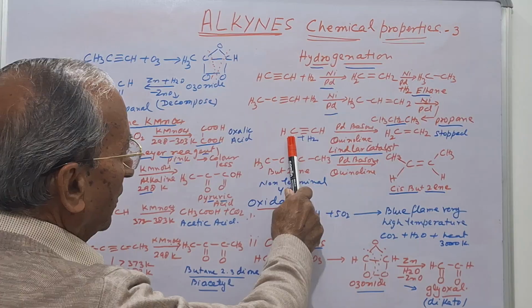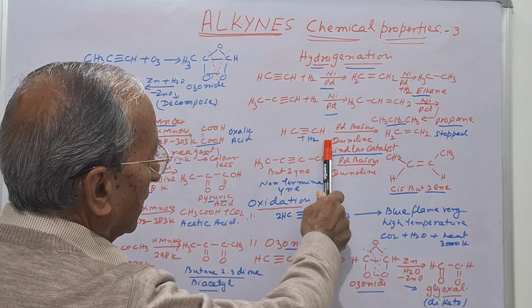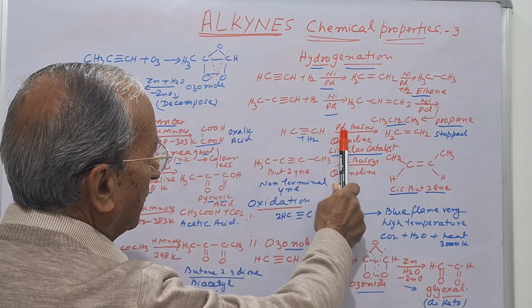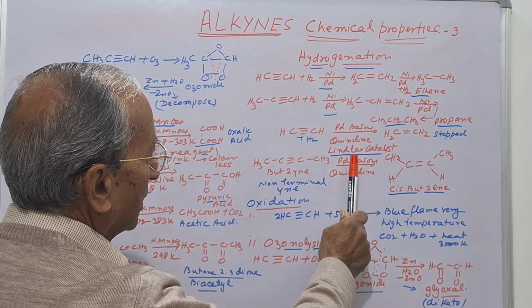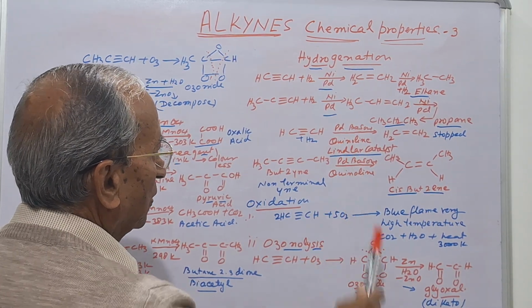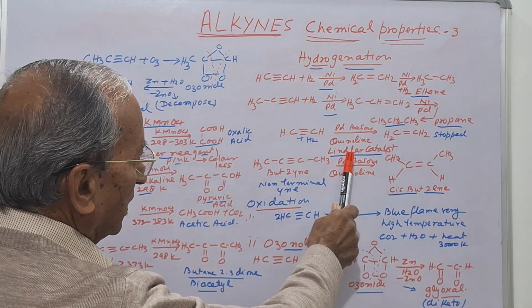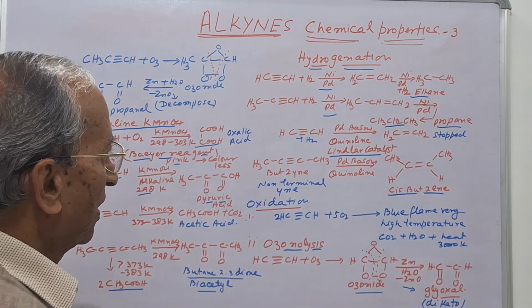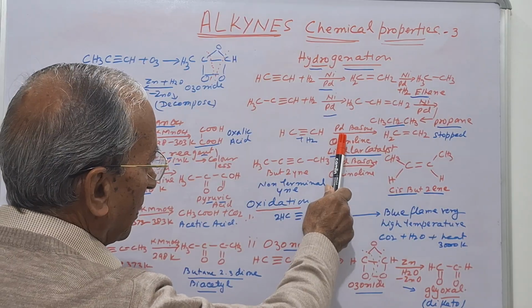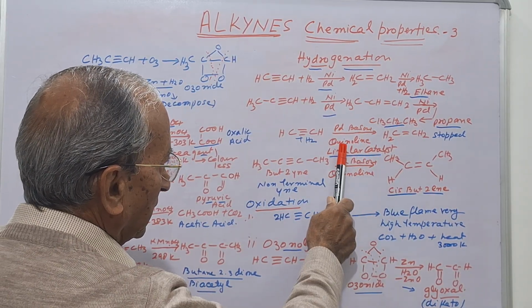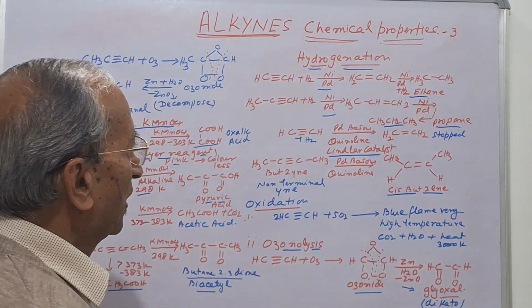Listen, when ethyne reacts in the presence of palladium barium sulfate catalyst in the presence of quinoline, this is known as the Lindlar catalyst. That is, catalyst palladium with barium sulfate in the presence of quinoline.